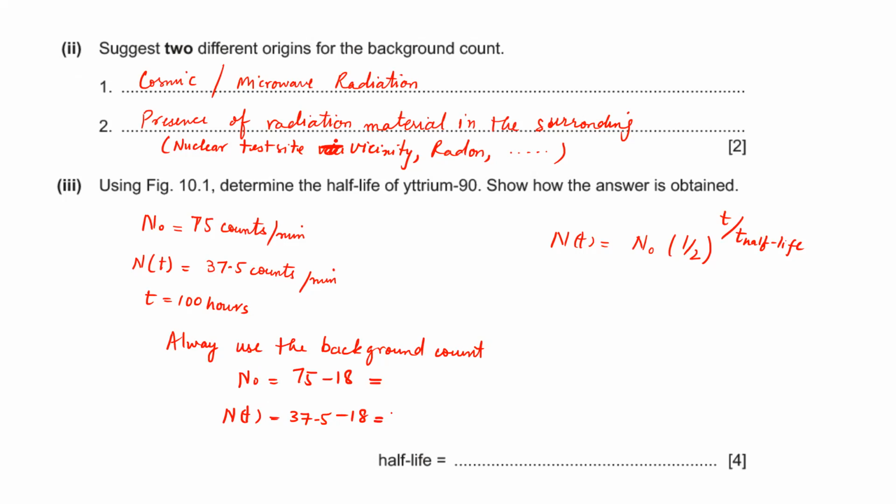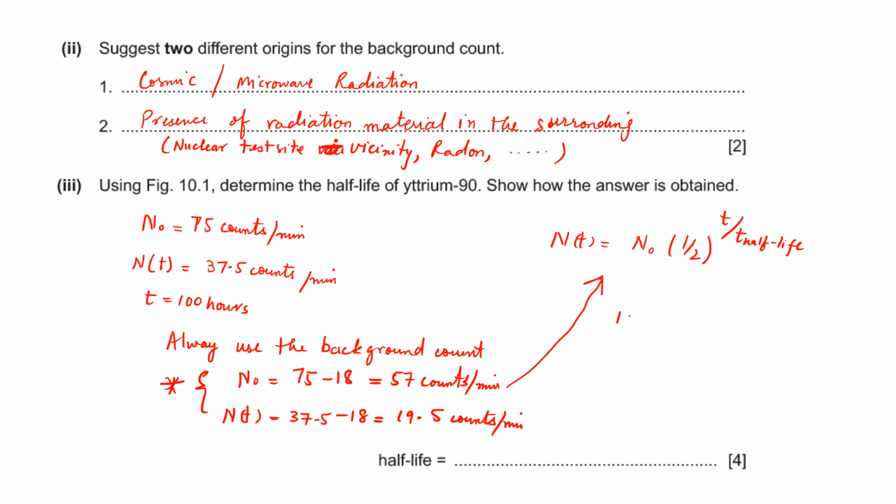So my actual count rate is 57 counts per minute, and 37.5 minus 18 is approximately 19.5 counts per minute. These are the actual values which we have to use in this formula.